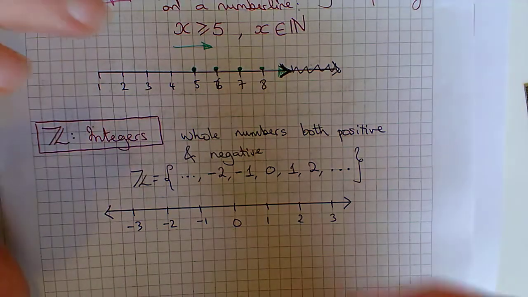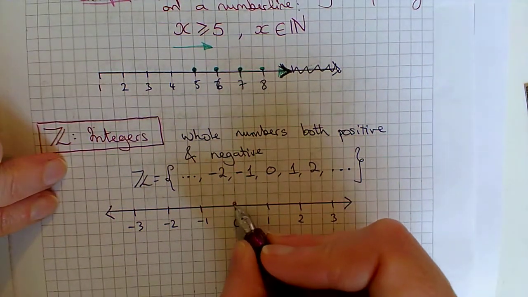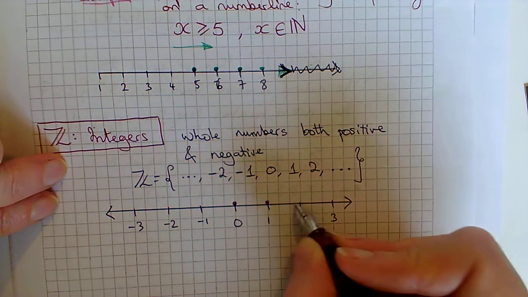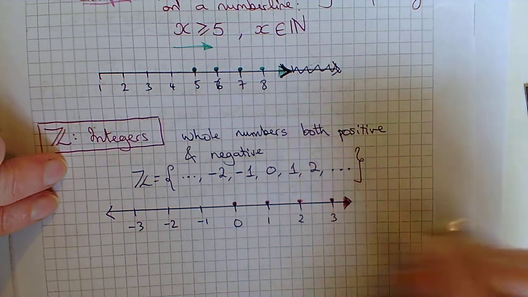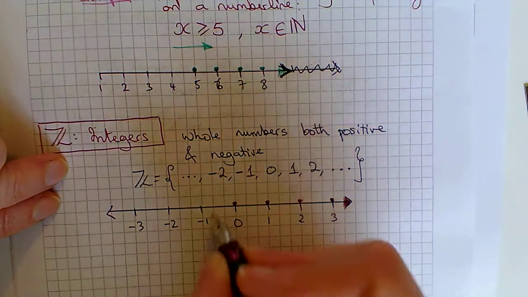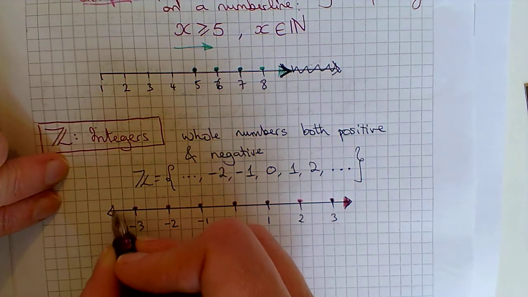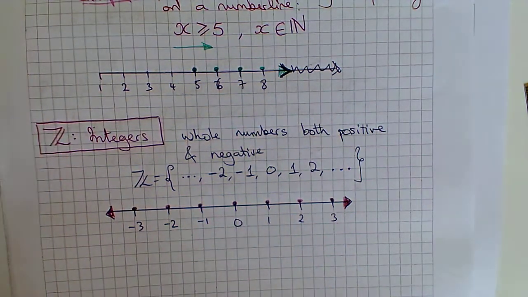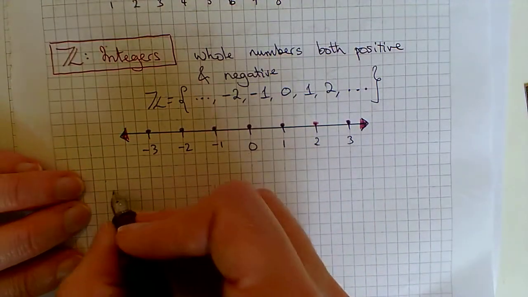Now, again, we want to indicate that we don't include the decimal values in between the numbers. So we just do little balls, little dots on top of the numbers, and we colour in the arrow to say it can go on forever in that direction, and little dots on these whole numbers, and we colour in this arrow as well to show that it can go on forever in that direction. Let's do an example of an inequality with this.